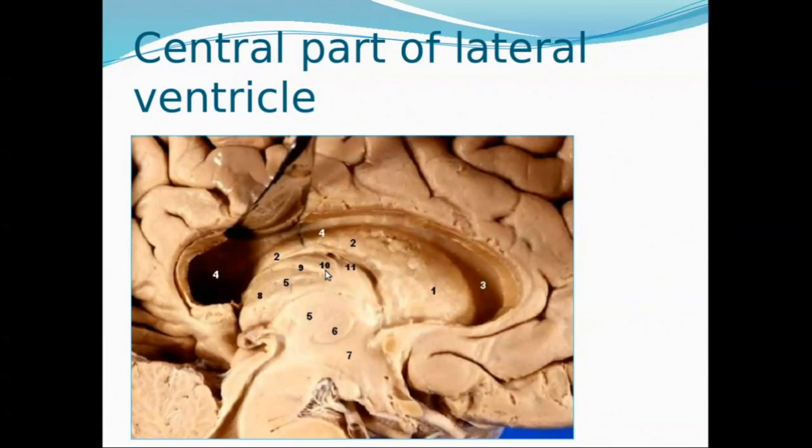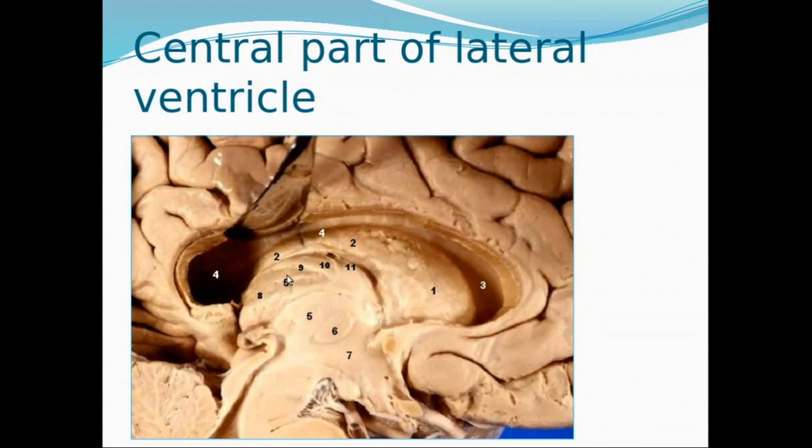If you see the floor, this is the floor from lateral to medial. What you are seeing, this is the mass, the caudate nucleus. This is the head of the caudate nucleus. This is the body of the caudate nucleus. And next to the caudate nucleus we will have the thalamus.